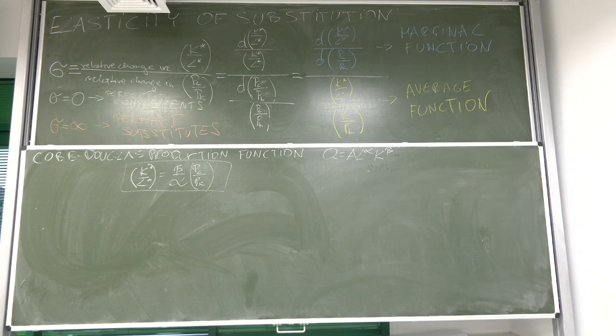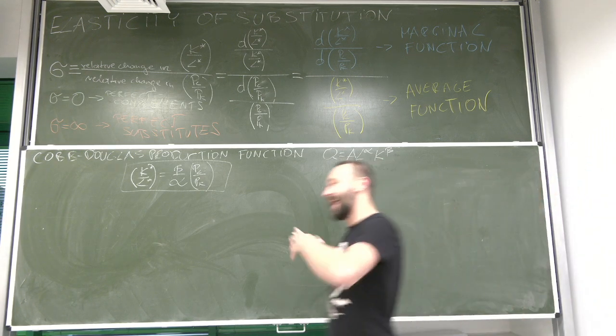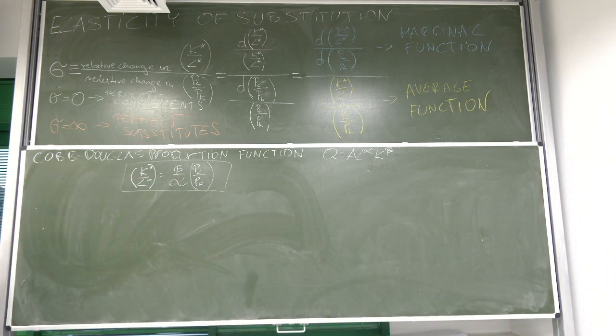Now let's figure out what is going to be the elasticity of substitution of these two factors of production, of course, at the optimal long run point. Okay, so first, probably we need to calculate the marginal function.